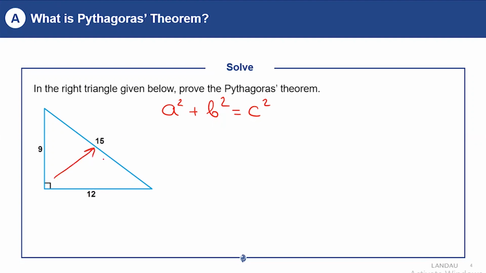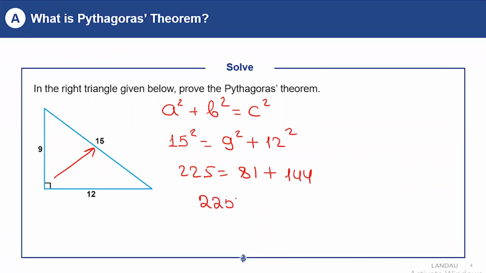So we can say that 15 is the hypotenuse, so we can write 15 instead of C. We will get 15 squared equals the other sides, 9 squared plus 12 squared. 15 squared will be 225 equals 9 squared is 81 plus 12 squared will be 144, and then we will get 225 equals, if we add 81 and 144, we will get 225 as well.